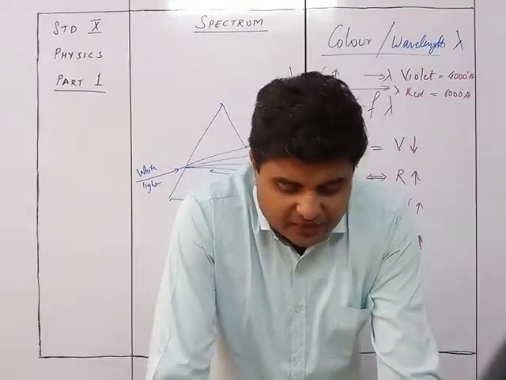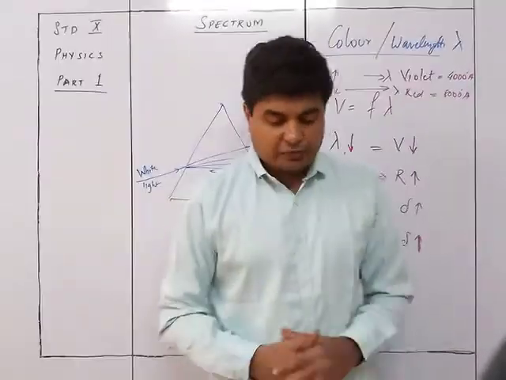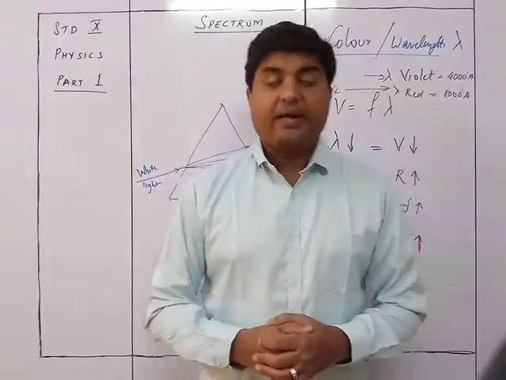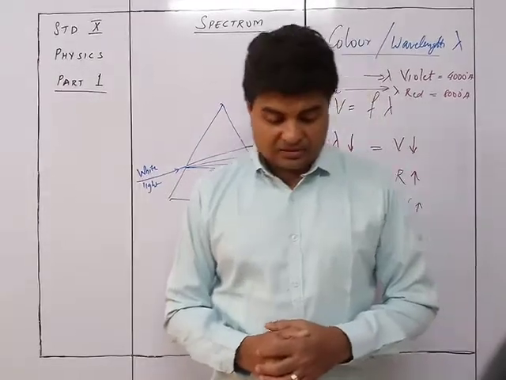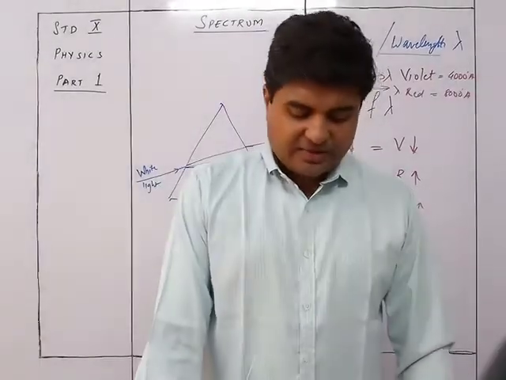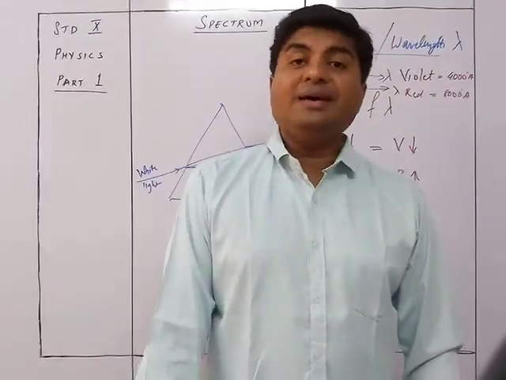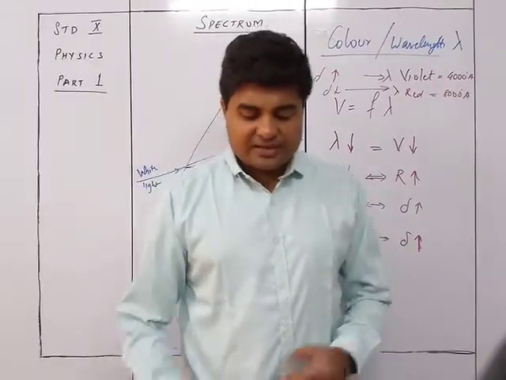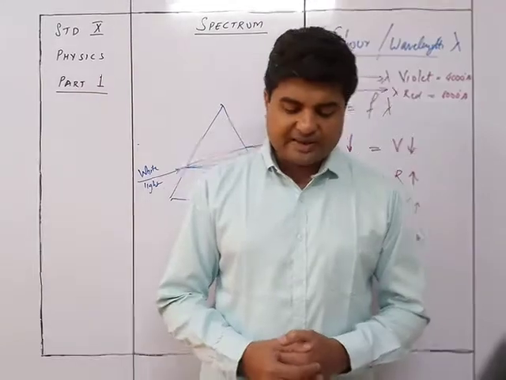On the second surface of the prism, only refraction takes place from glass to air, and the different colors are deviated through different angles. That is, violet is deviated the most and red the least. As a result, the colors get further separated on refraction at the second surface.